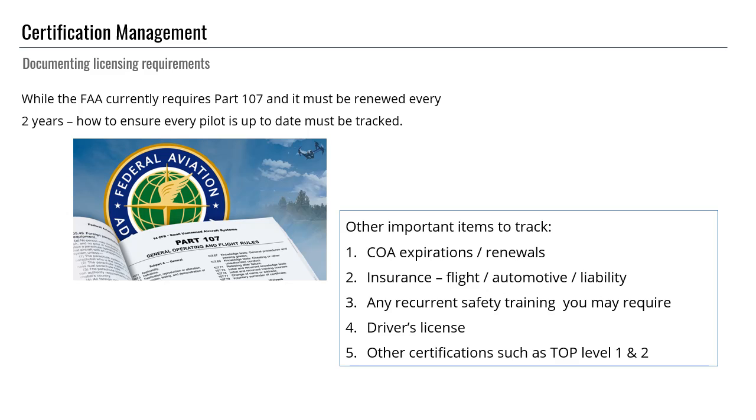While the FAA currently requires Part 107, it must be renewed every 2 years. How do you ensure every pilot is up to date? This can be tracked through the compliance portion of software. Other important items you want to track are any waivers and when they are going to expire, what the renewal is, insurance, and any recurrent safety training that you may require.